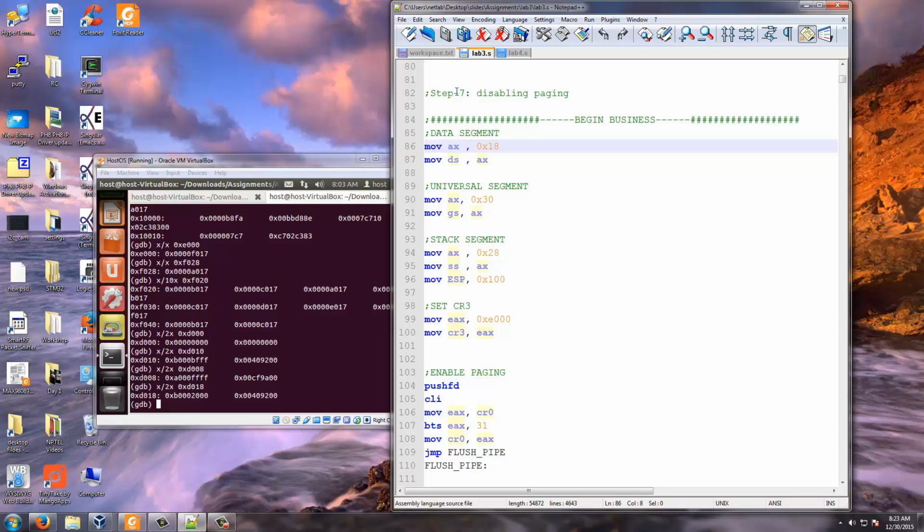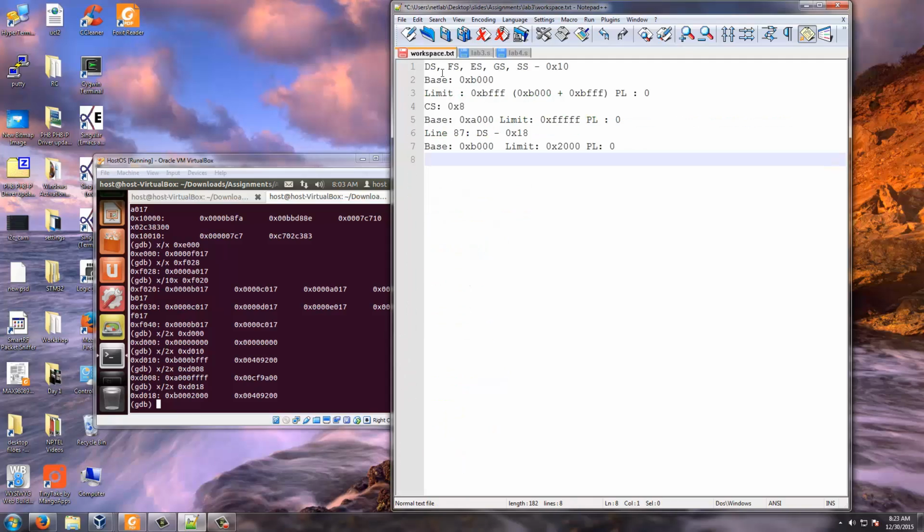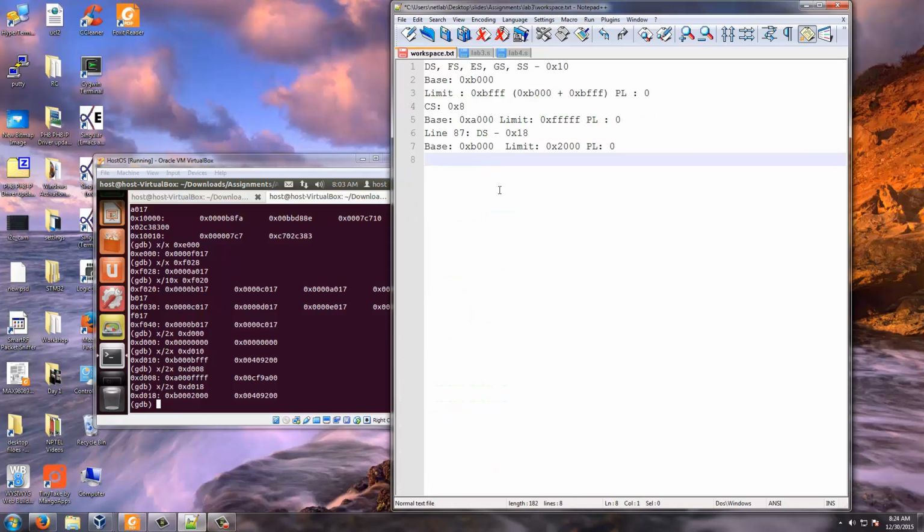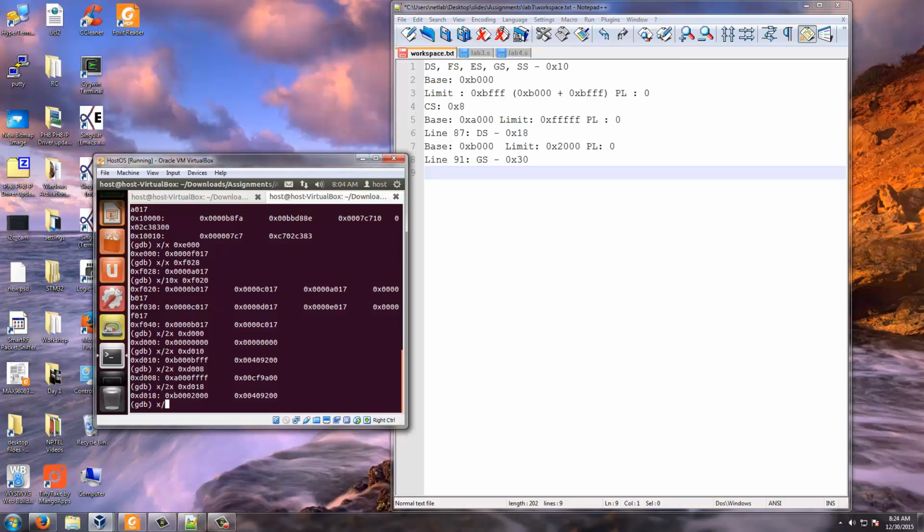Then now GS, we have made it as 0x30 in line number 91. So in line 91, I am making GS as 0x30. That essentially means x/2x 0xD030.